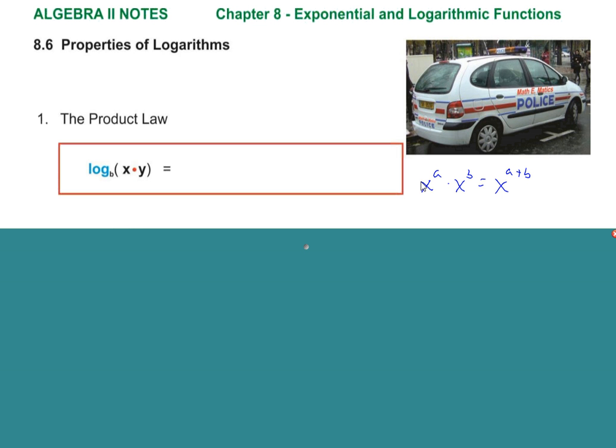Therefore, the log of xy in base b must be... Anybody want to take a stab at it? Because logarithms are exponents. Luke? It is the log of x in base b plus the log of y in base b.